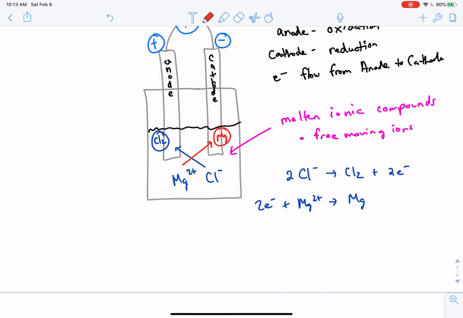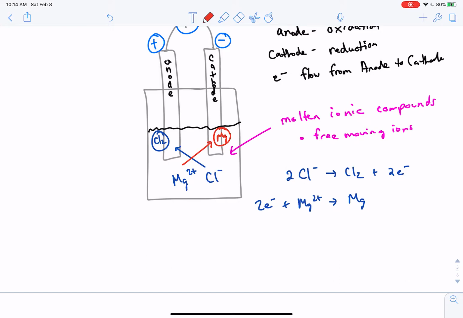Yes, Sophia? Could you say magnesium would be plated onto the cathode? Yeah, it's probably liquid, but you could just say magnesium is being produced at the cathode, that's fine. Just to make sure there's no ambiguity, like they might try to find a way not to give you a point. So like builds up, yeah, that's fine too. Well, let's be careful there.